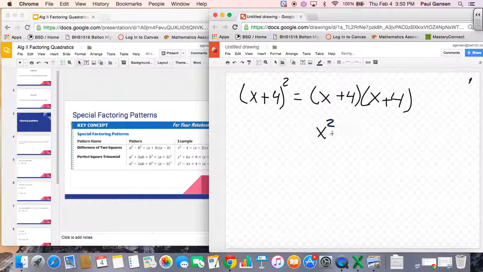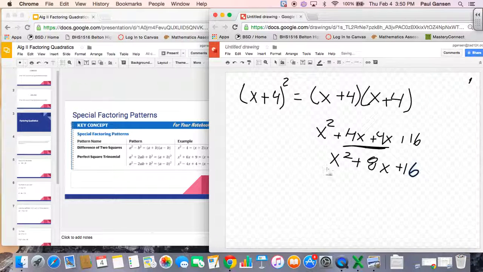Outer, x times 4 is 4x. Inner, 4 times x is 4x. And my last term, 4 times 4, is 16. We're not quite done, so we have to combine our like terms, our 4x and our 4x. So we get x squared plus 8x plus 16.